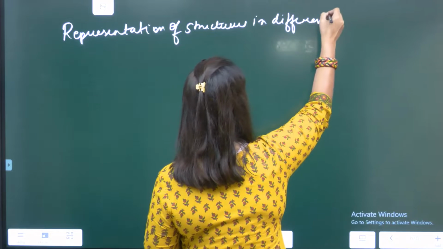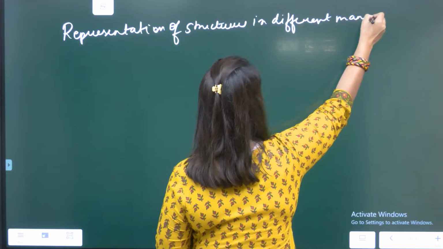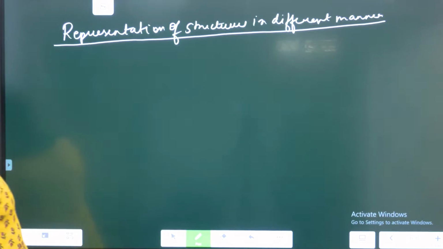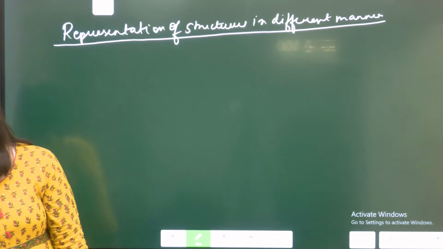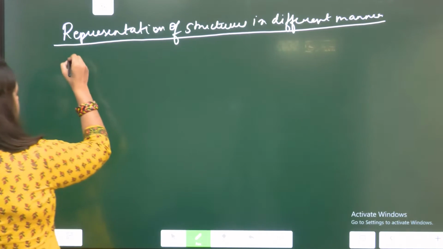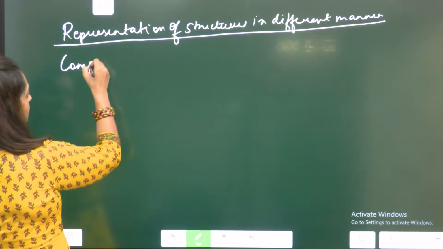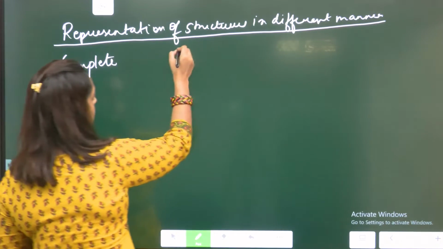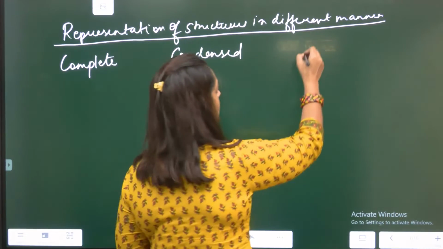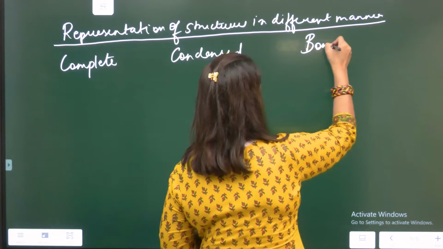What are the different ways I can represent a structure? Have you heard about bond line structure, condensed structure, open chain structure? Yes, ma'am. So there are 3 ways of representation. One is complete, another one is condensed, and the third one is bond line structure.